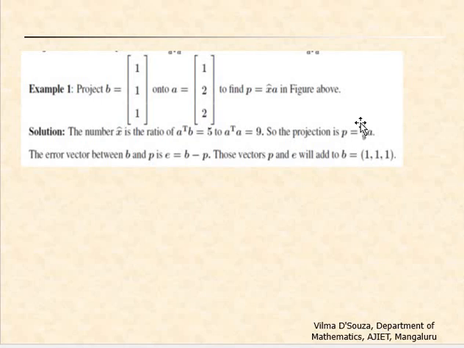Projection P is x cap A, x cap is 5 by 9, so P is equal to 5 by 9 into A. The error between P and B is E is equal to B minus P. Those vectors P and E will add to give B is equal to 1, 1, 1.